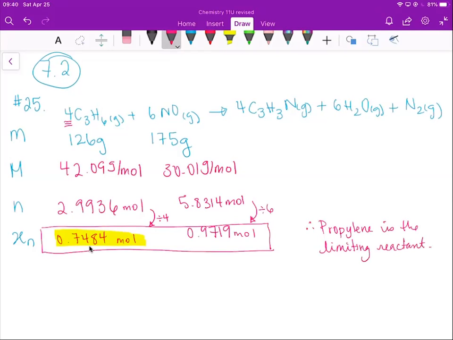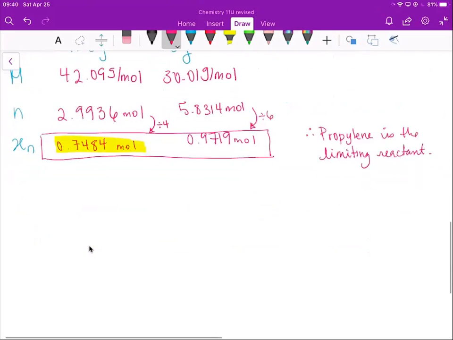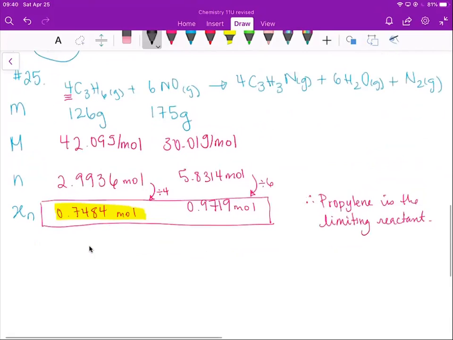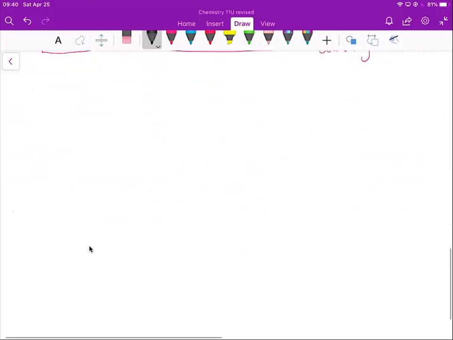And I'm going to do number 28 because that one is going to ask you, can you find out the mass that's left extra or left over? For instance, in the last one, we know that there's excess nitrous oxide, but the question's not asking us to do it, so we aren't going to do it. But let's go on to number 28, where it is going to ask us more information.